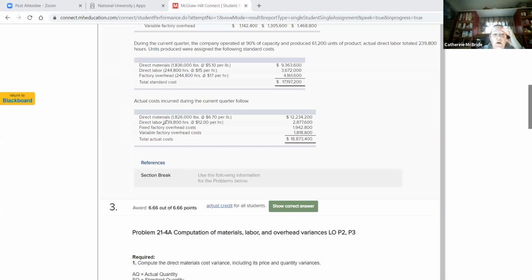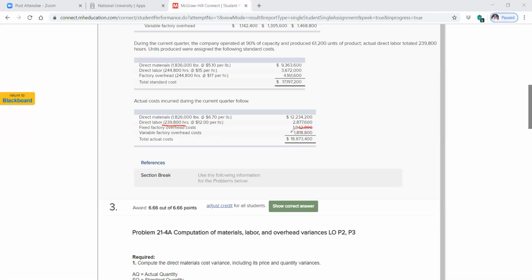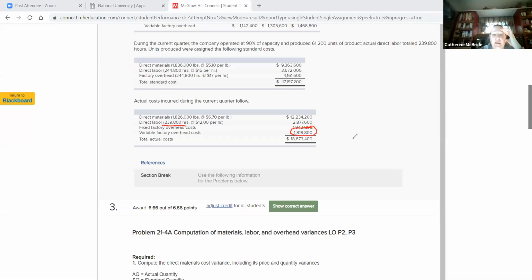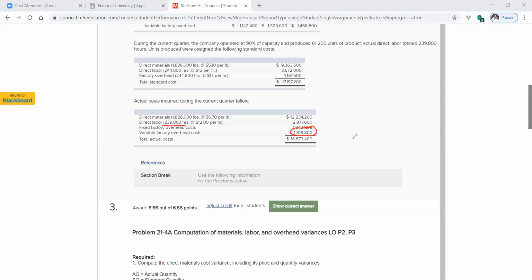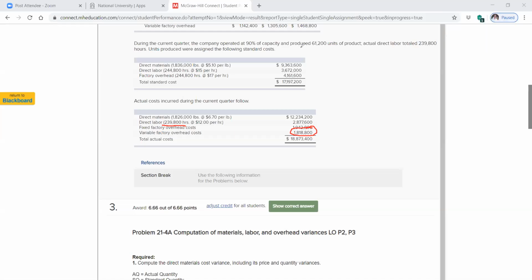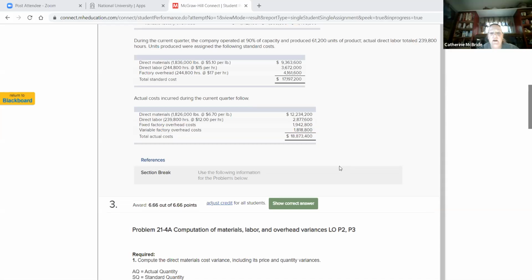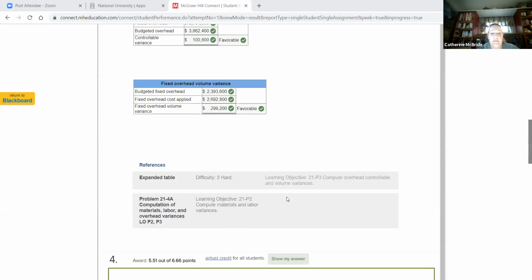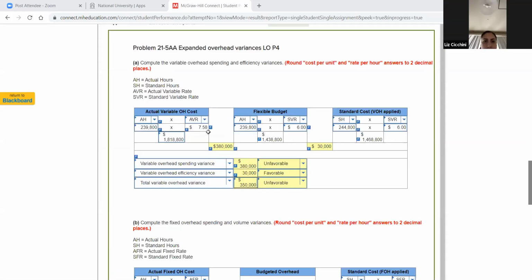We know that our hours are 239,800 and that our total variable overhead is 1,818,800. You divide the two to get the hourly rate, and down here you get the $7.58.